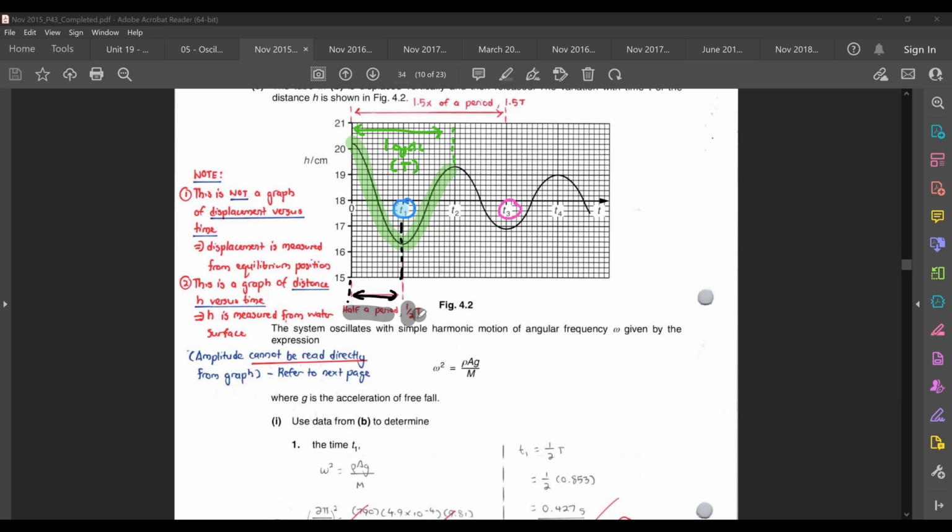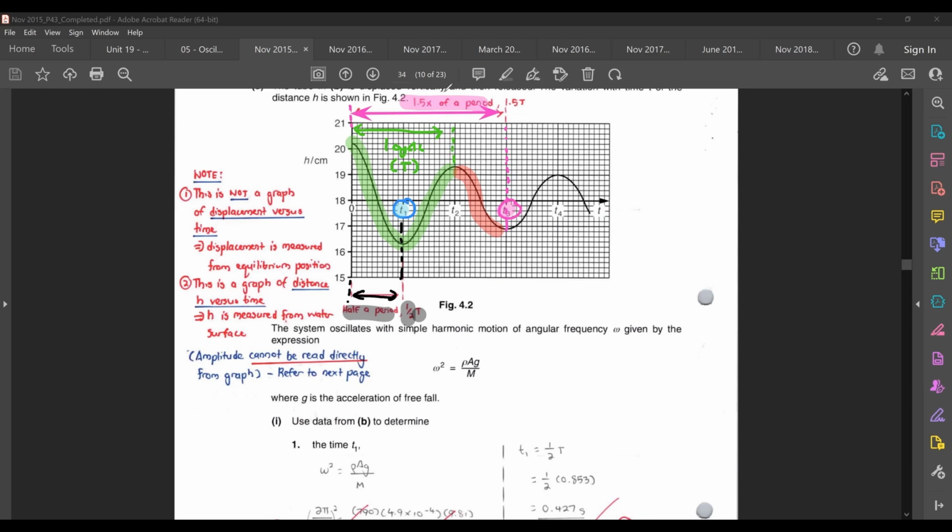So this one is going to be half T. Okay, and then how about for T3? You look at T3, T3 is right over here. You try to extrapolate the line out, you will notice that this is another half cycle. So going from here all the way to here, it will actually be 1.5 cycle.